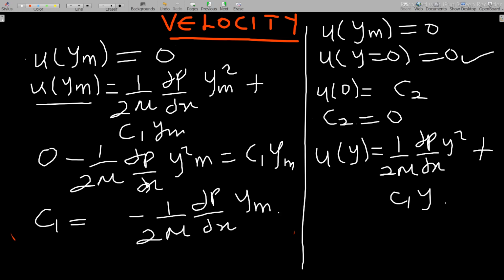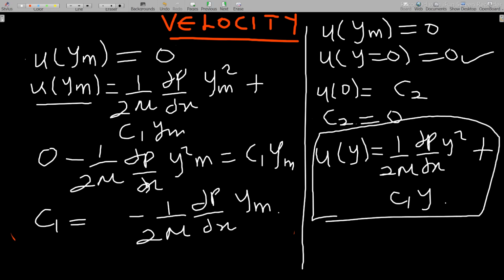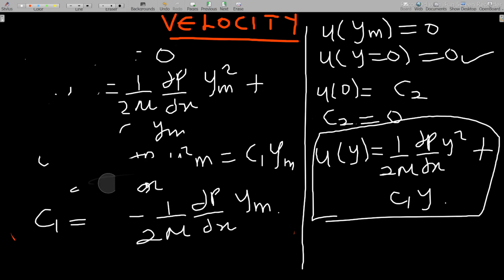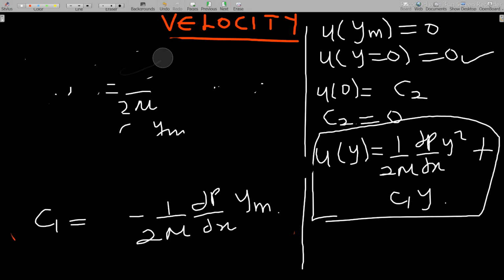Now I come to this equation and put my c1 there, and that will be my velocity. Let's erase some parts of our board and write it quickly. Right now we know c1, and we know c2 to be 0, which has given us a simplified form of our velocity.